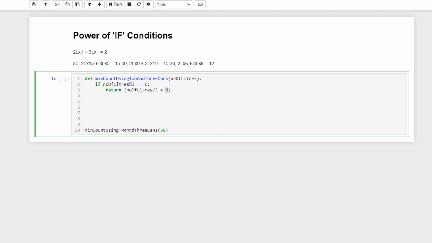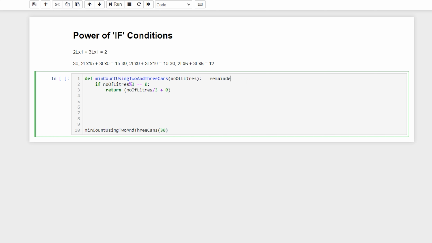Okay, whereas what will be the answer if the number is not divisible by 3? Before going into that one, you need to understand what remainders you will get. This is most important when you are using if else conditions with respect to modulus.